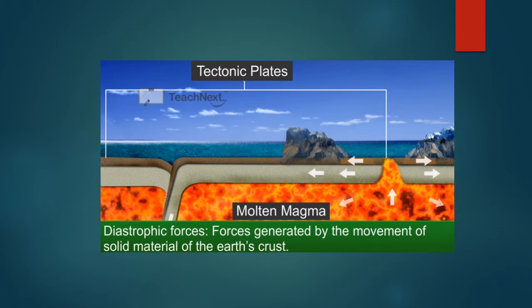There is another force called diastrophic force, which means it happens very slowly, and this also is generated by the endogenic force, the forces which act beneath the earth's surface. And what is that? It is the constant circular motion of the molten magma on which our lithospheric plates are moving. So this also results in bringing about changes on our earth.